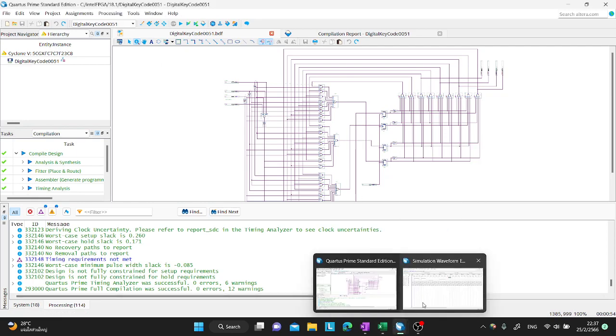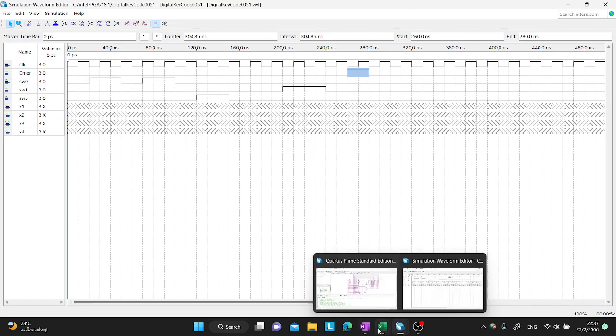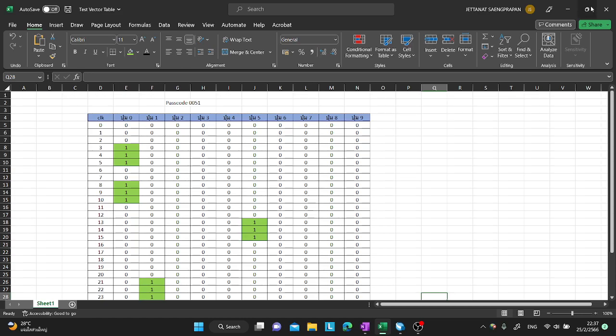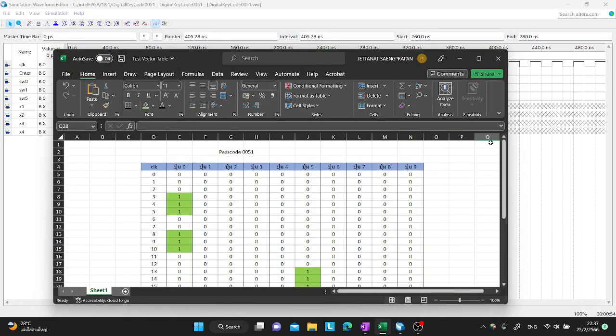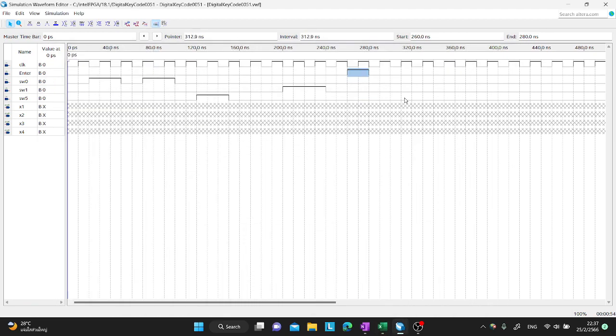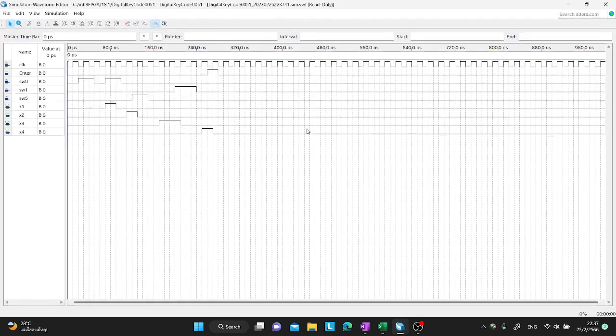So let's go to the test vector. This is the test vector that I assigned. So if I run this simulation, it's going to be like this.